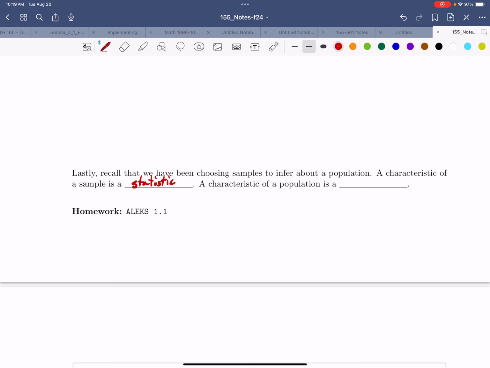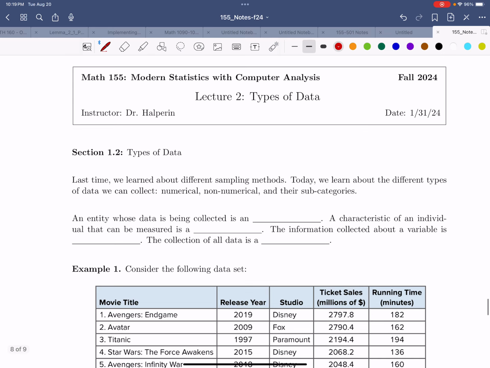But if we are able to get information from the entire population, then a characteristic of that population is called a parameter. Now remember, parameters are always preferred to statistics, but usually they're not able to be collected. So we typically want to use a statistic to try to infer what a parameter might be. Right. Now let's go on to the second part right here.